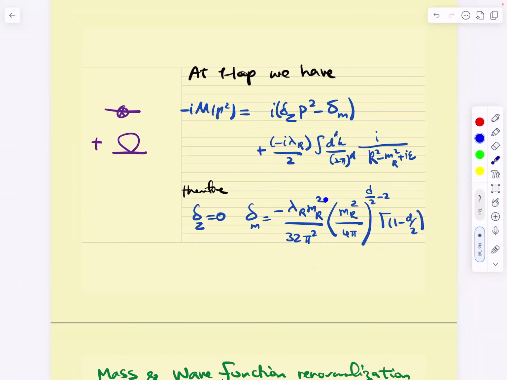It's m_r squared to the power of d minus 2 over 2. This means that these are all dimensionless. Lambda_r is dimensionless. This means that this has dimensionality of m_r to the power of d, because this minus 2 and this, sorry, d over 2 minus 1. Good? That's the dimensionality of it.